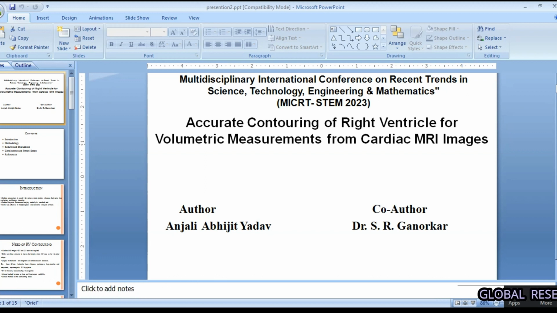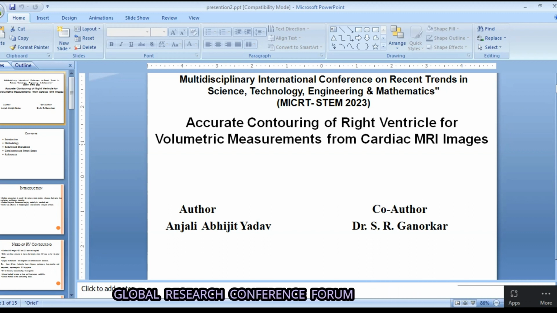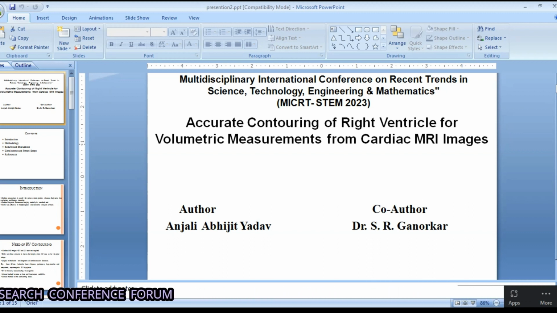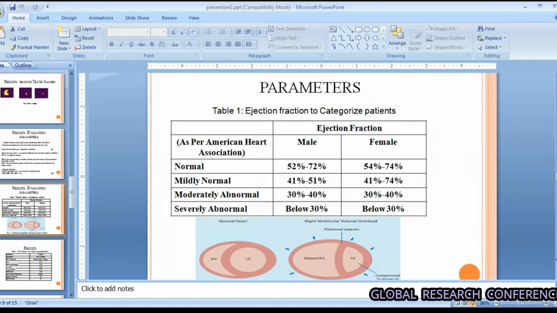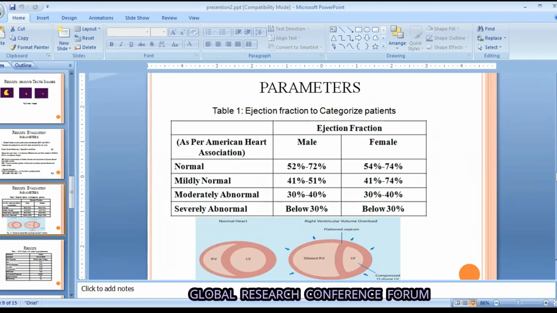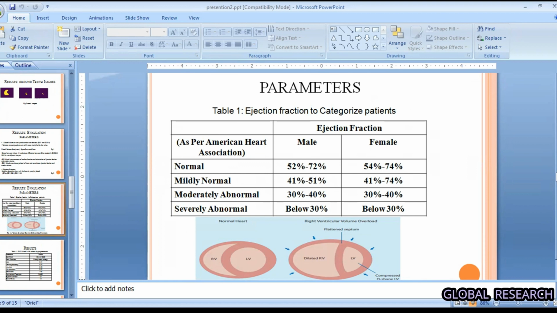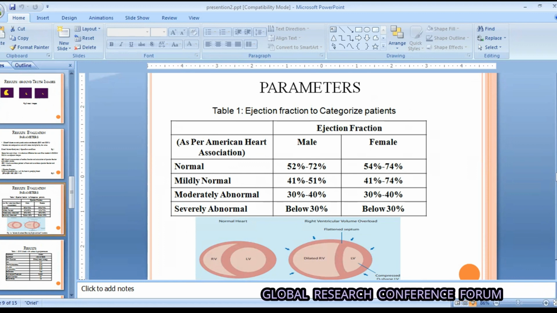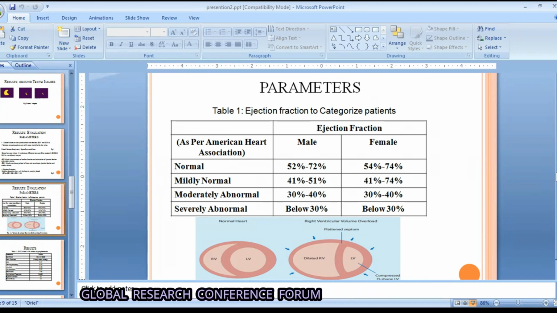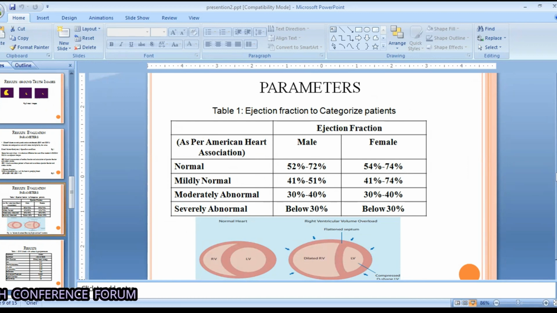Now, by using these blood volumes, ejection fraction is going to be calculated. Ejection fraction is EDV minus ESV upon EDV, which is used to determine how well the heart is pumping the blood. In the case of male, the normal ejection fraction is considered as 52% to 72%, while for female 54% to 74%.